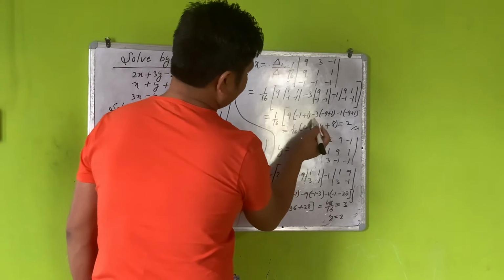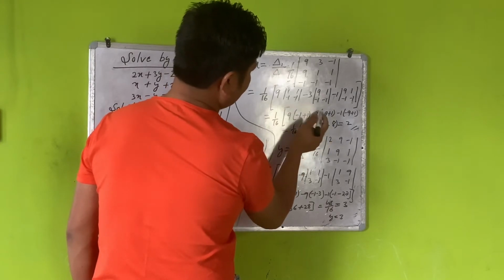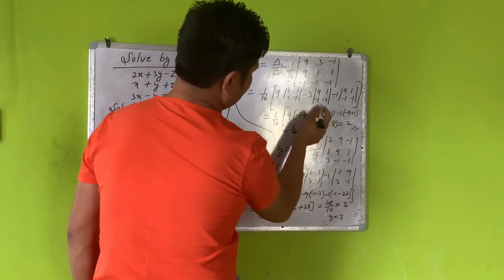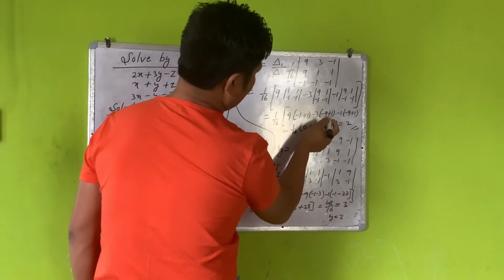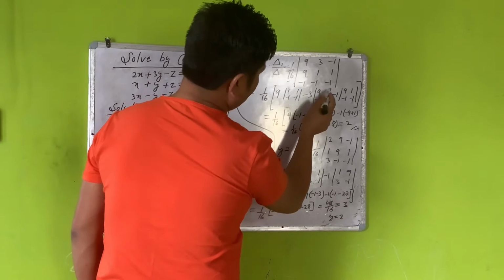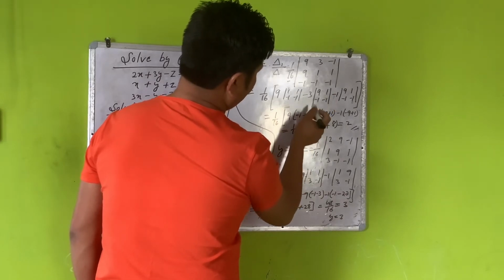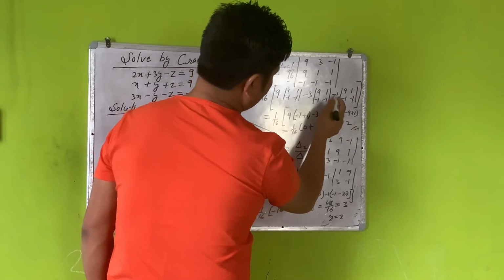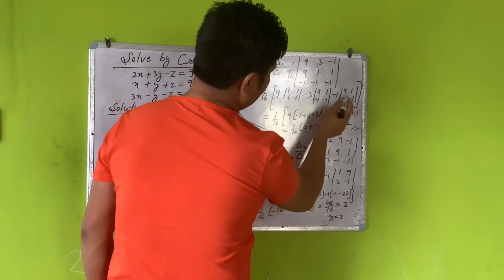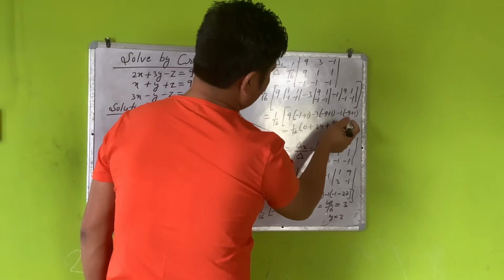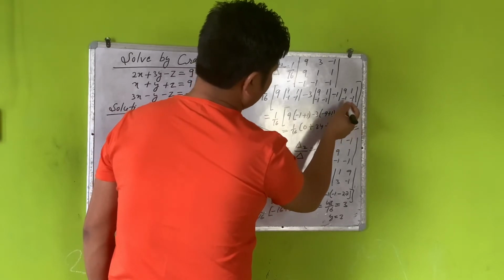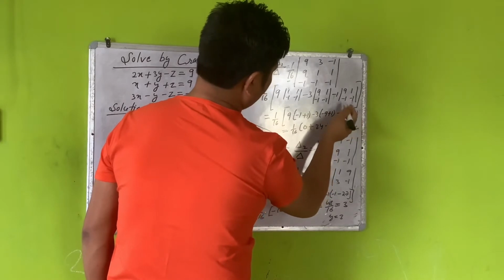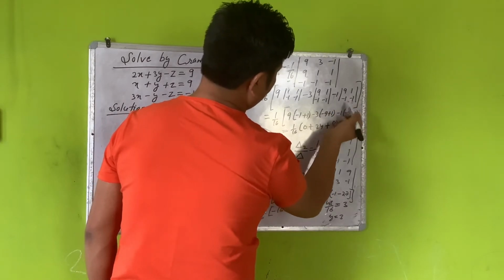Then 3 minus 3, 9 minus 1. When you multiply, it will be minus 9 plus 1 into 1 minus 1. We have minus in the formula, so minus minus plus 1. Then minus 1, 9 into minus 1, that is minus 9. So minus 1 into 1 minus 1, we have minus in the formula, so minus minus plus 1.